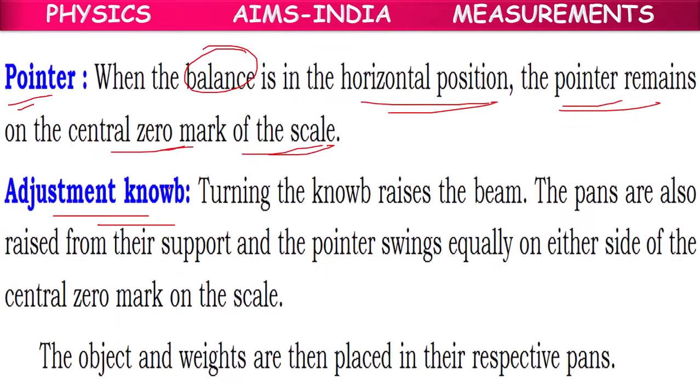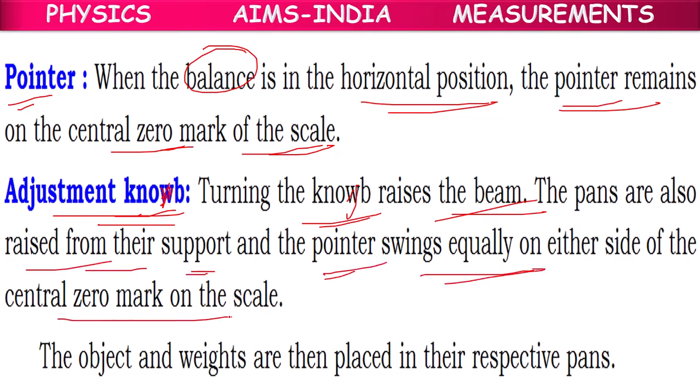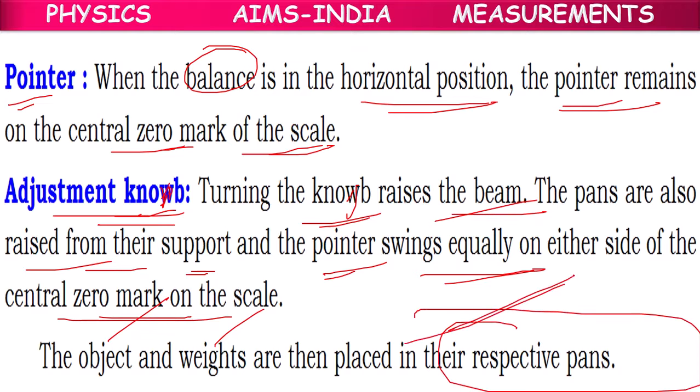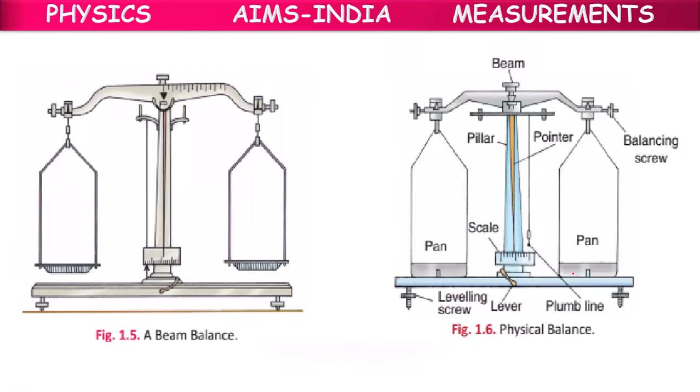Next, the adjustment knob. Turning the knob raises the beam. The pans also rise from their support. The pointer swings equally on either side of the central zero marked on the scale. The object and weights are then placed in their respective pans. Means one adjustment knob will be there here.